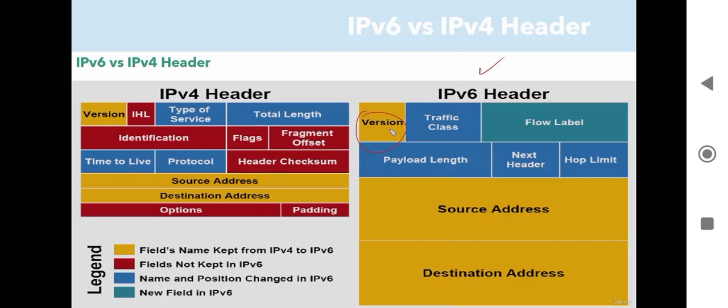They both share version, and they both have source and destination addresses. We have payload here, which will be data. You have your traffic class, and you've got your type of service there. Next header is new, the name has been changed. The next header would actually be header checksum on that one. The hop limit is our TTL, which is here somewhere.